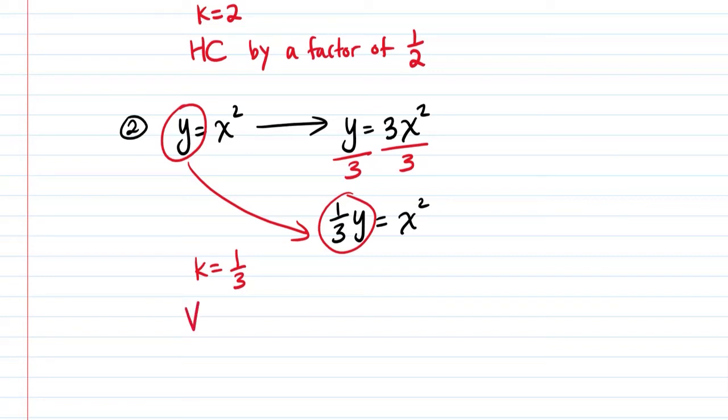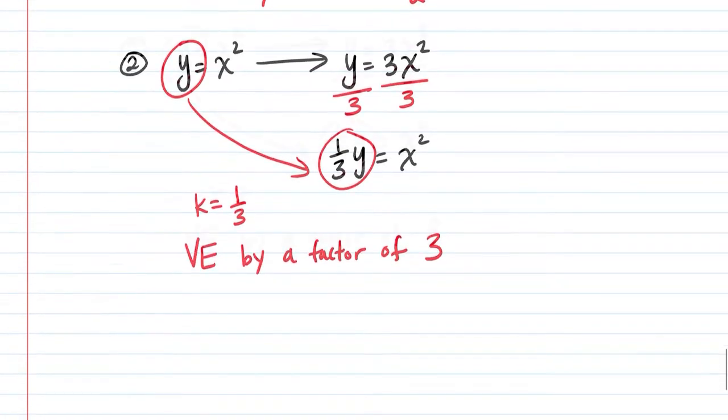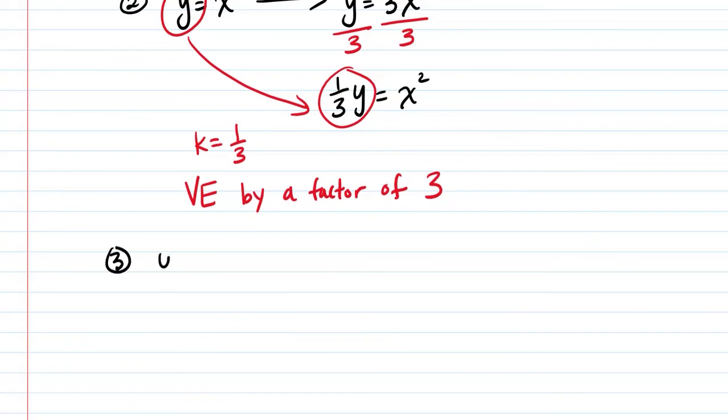And since the k is less than 1 but greater than 0, it will be vertical expansion by a factor of the reciprocal of the k, which is 3. So it makes sense that it is for expansion, getting bigger or thicker, because the factor is 3, which is greater than 1.